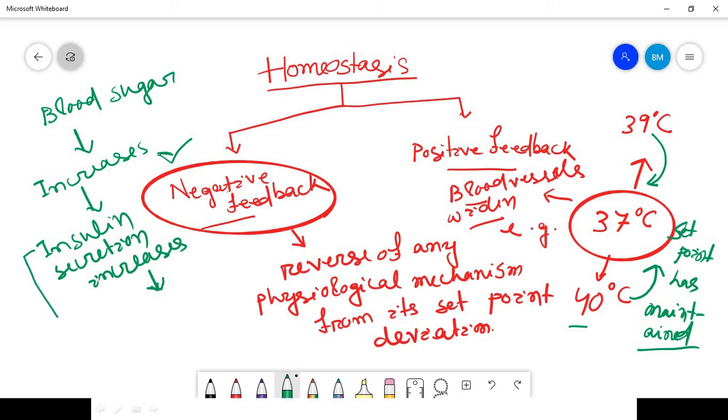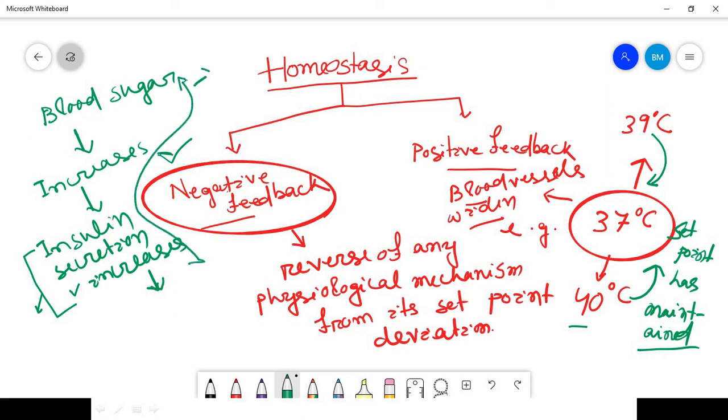After that, the control center instructs reduction of insulin secretion. If insulin secretion continues at an increased rate, it leads to hypoglycemia. It decreases the sugar level, and the condition will be fatal. And after decreasing the level of sugar, the glucose level again comes back to the normal range.